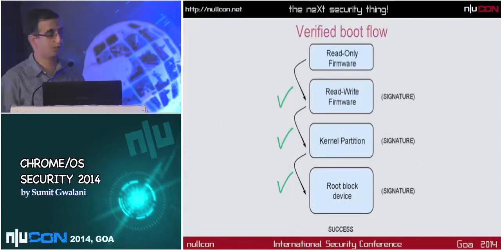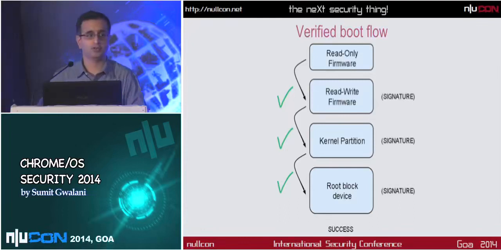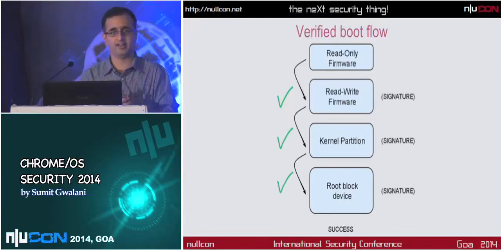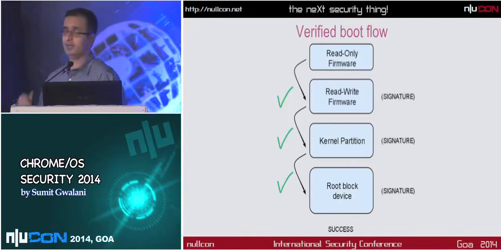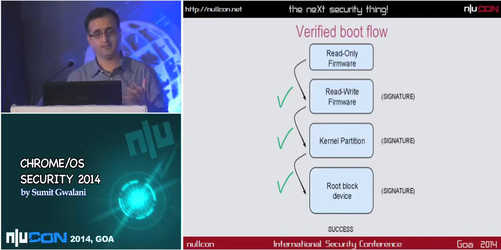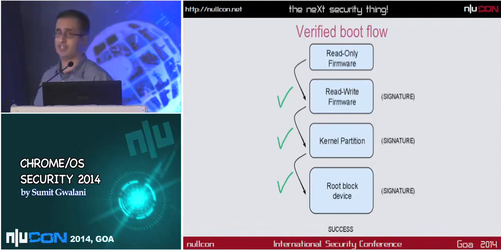So how does this work? When you press your power button, the read-only firmware will run. It will go ahead and verify the read-write firmware. The read-write firmware will then verify the kernel header, parse the GPT tables, and verify the kernel partition.